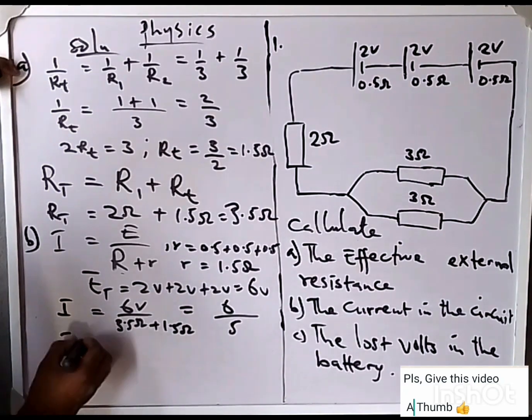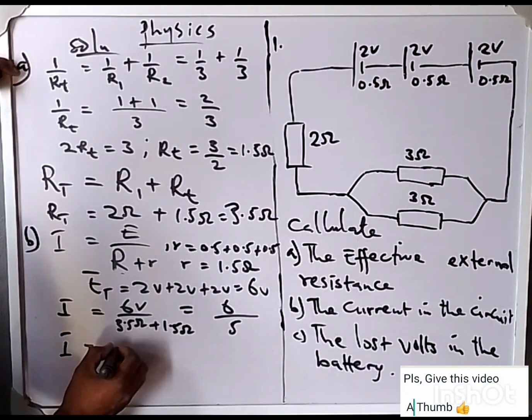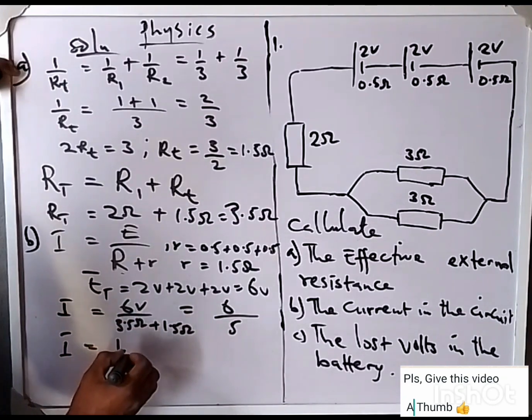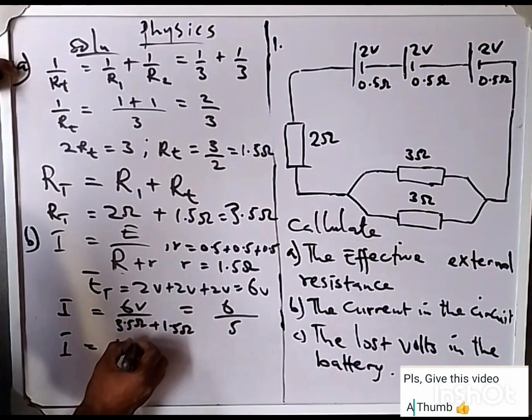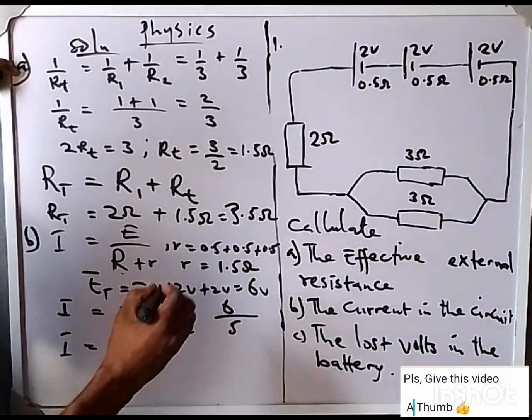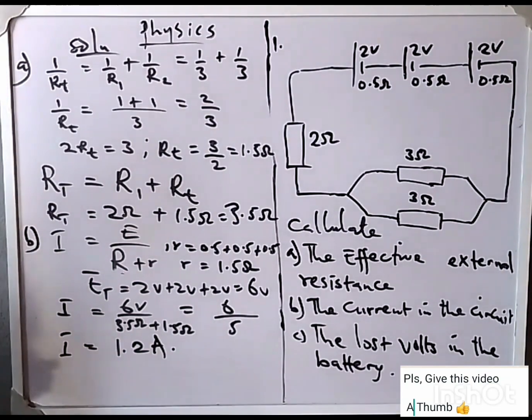So current then is equal to 1.2 amperes. Then the third question asks us to calculate the lost volts in the battery.